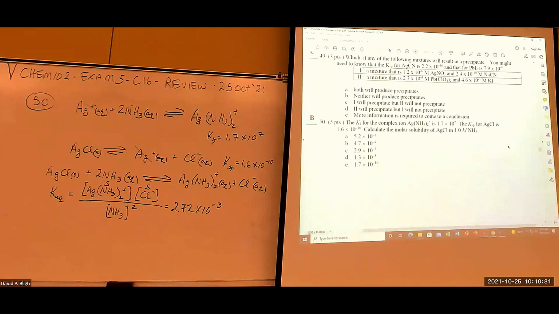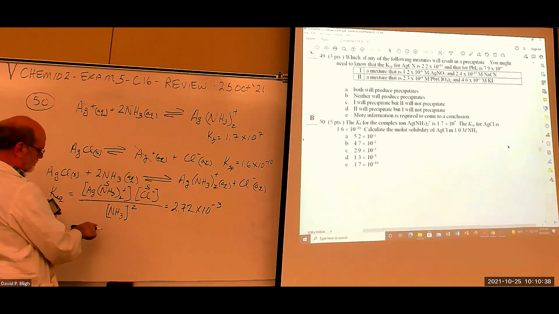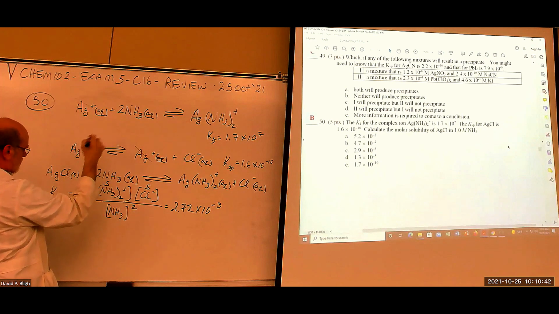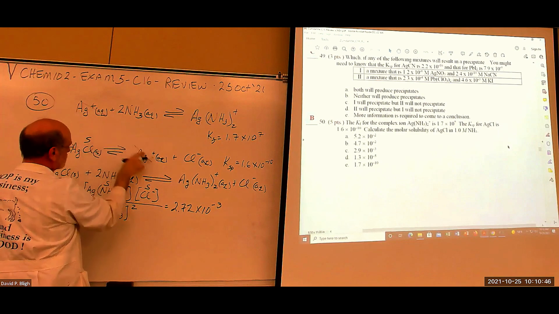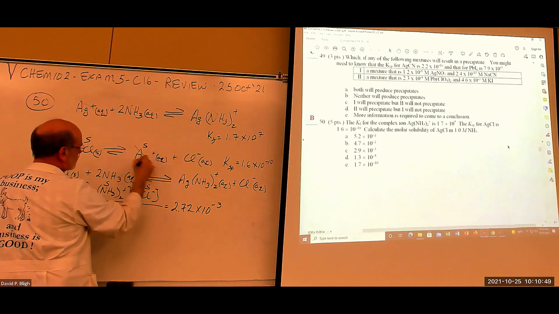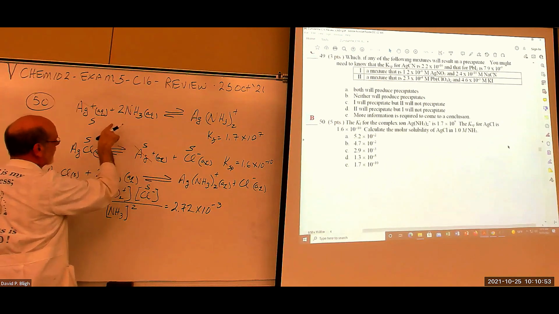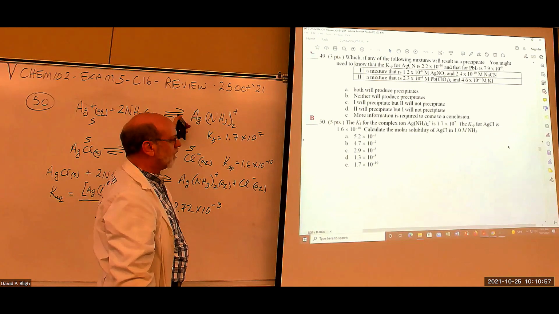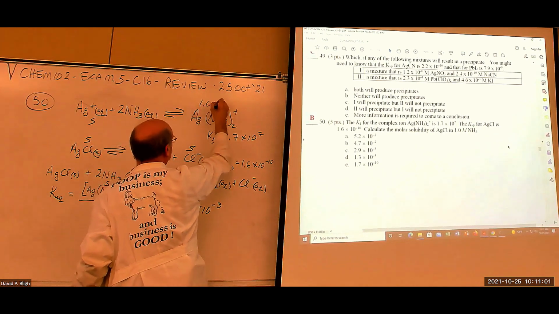Well, no, actually, the starting point here is whatever this is, 1 molar, right? 1 molar.